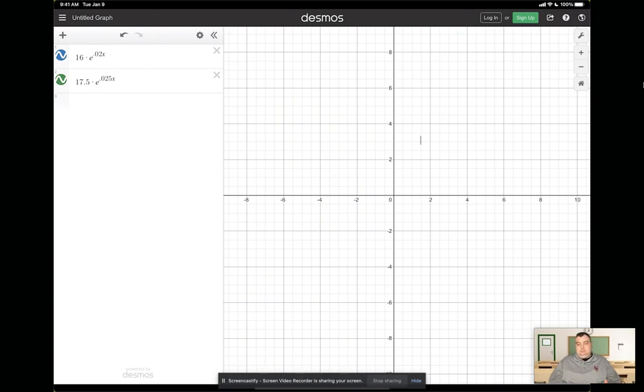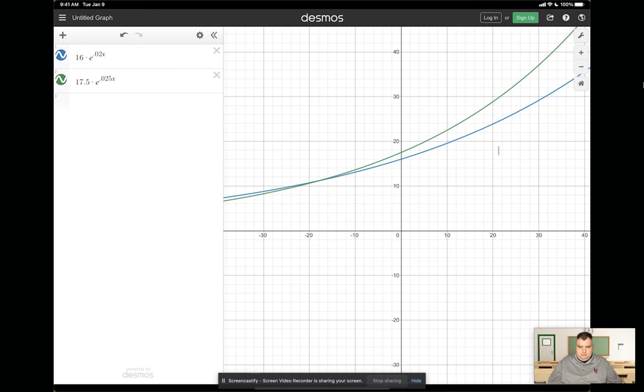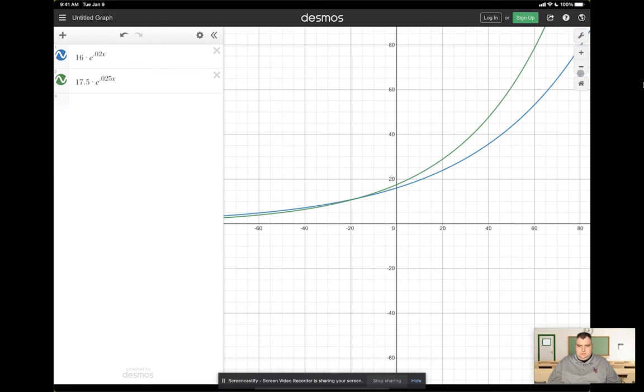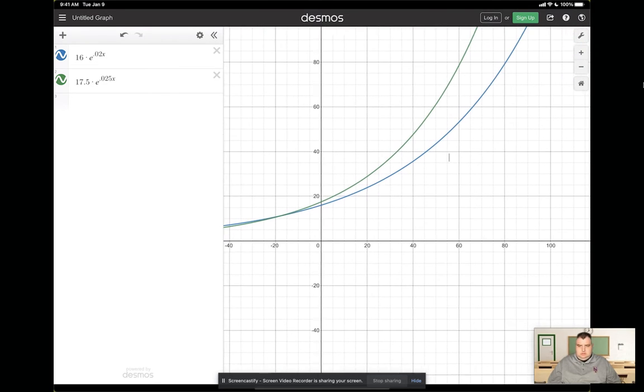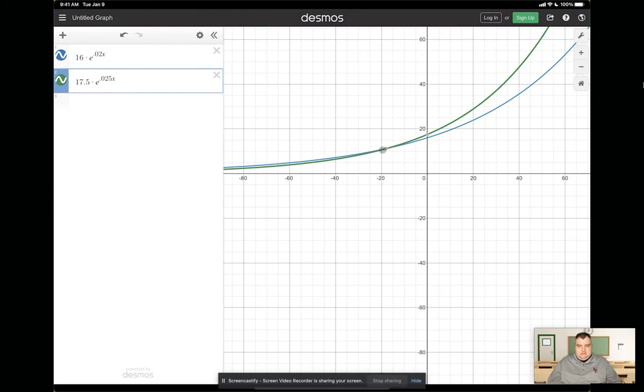Okay, now it looks like there's no graph on my screen here, but of course I know I have to zoom out. And if we look, there is an intersection point here.